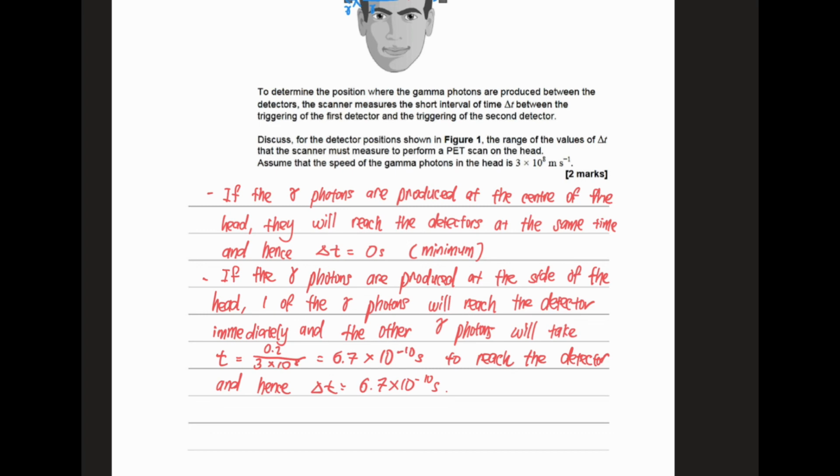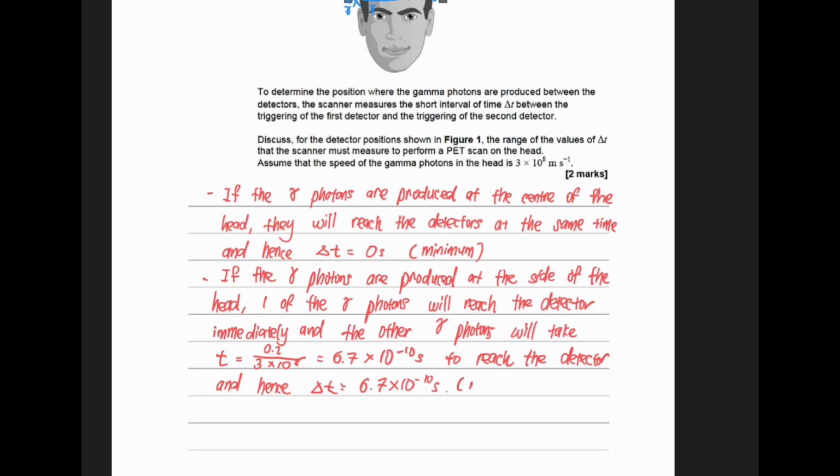Of course the delta t here is basically the difference in time. So we have this time minus 0, because the other gamma photon reached the detector immediately, the time span is 0. Okay, so because of that, we take this minus 0, then we get back this one. So that is the delta t, and this will be the maximum possible value.